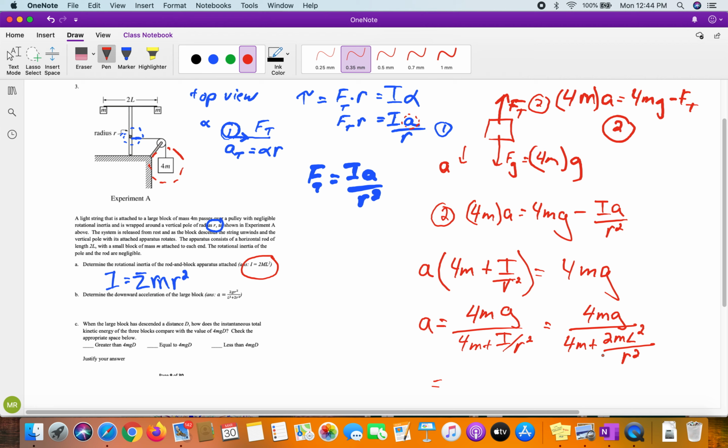So the bottom needs a common denominator of r squared. You'll notice there's an m I can factor out right away. So since there's an m in every single term, I could factor out an m from the bottom, and that would cancel with the m from the top. So let me do that.